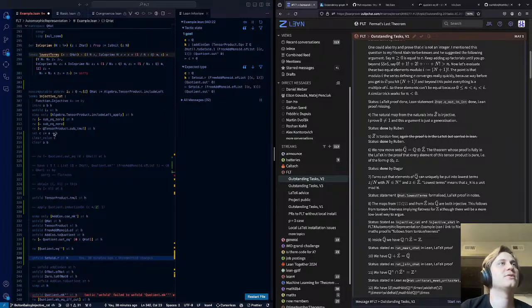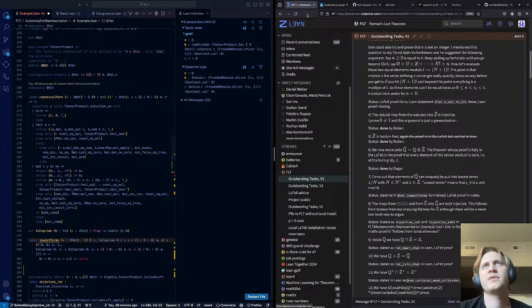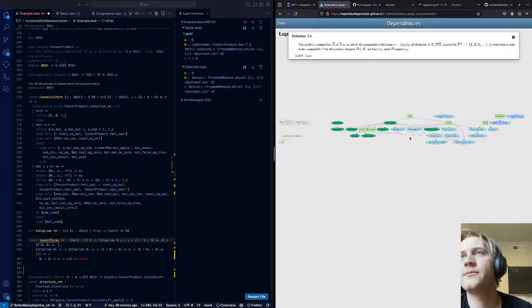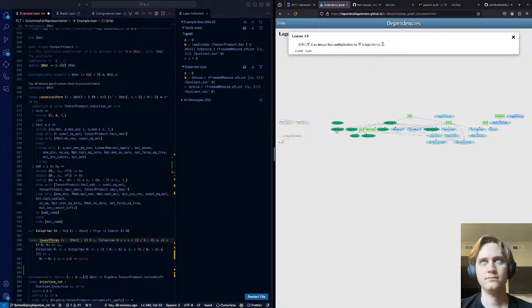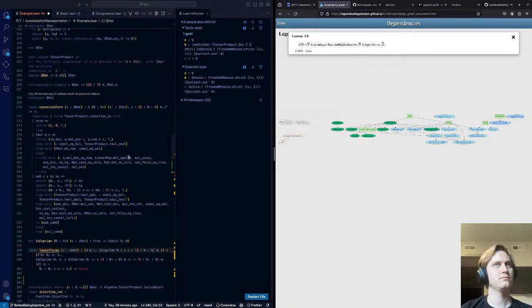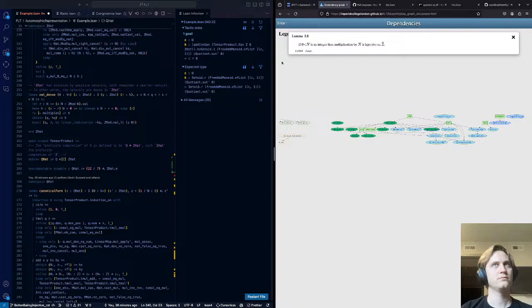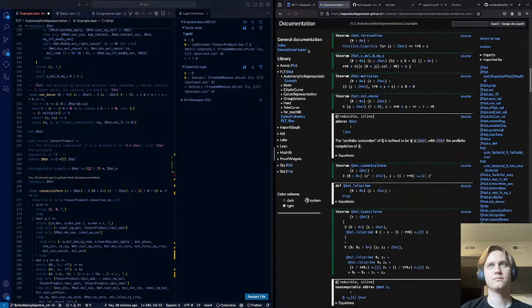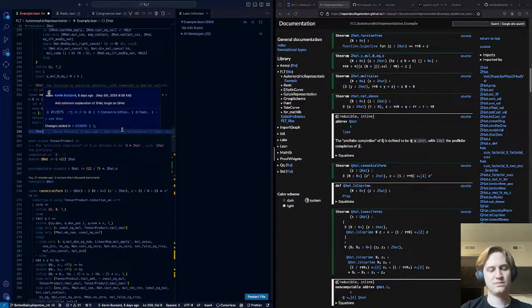What does it even mean to be torsion free? Let me look at that. The injective one apparently needs the torsion freeness. It's probably in here as well.